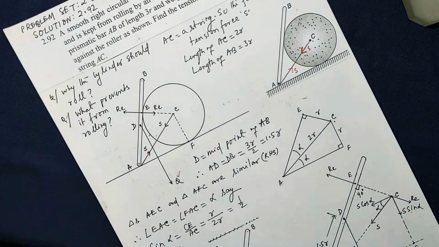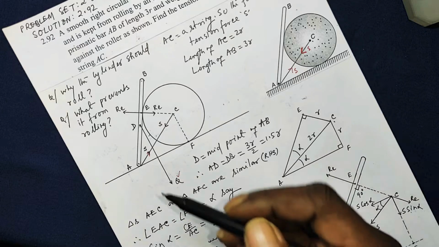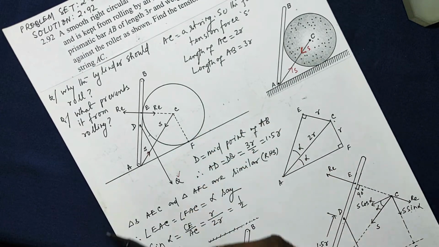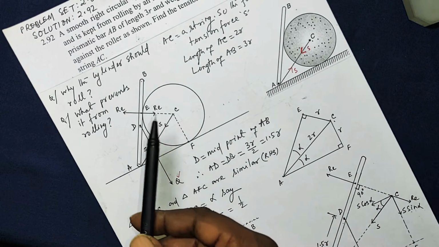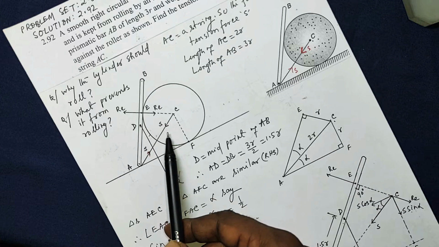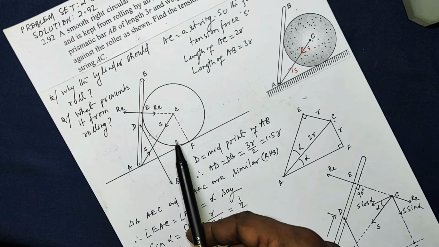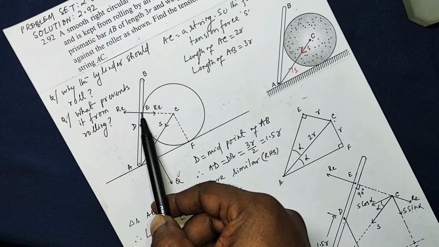That is Q. The value of Q is not given, so S will be found in terms of Q. And this is the point of contact, and the prismatic bar here will apply some action force to this side. Let it be RE. So at the point of contact, the circular cylinder will apply the same reaction force, RE.